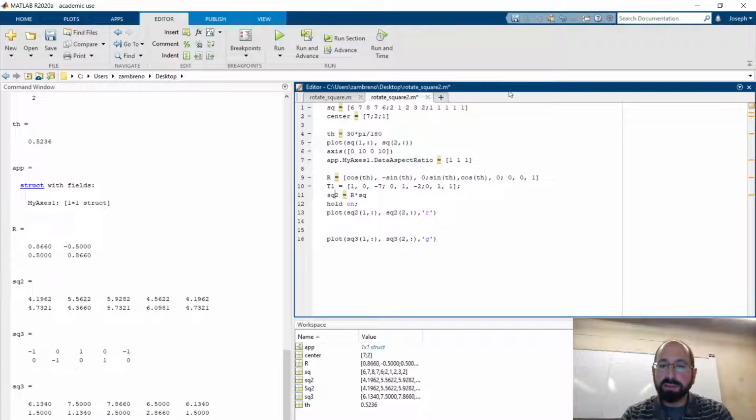That is, we want to translate first, then we want to rotate. So we have now those two matrices, and we would just be multiplying them together, in which the order does matter.